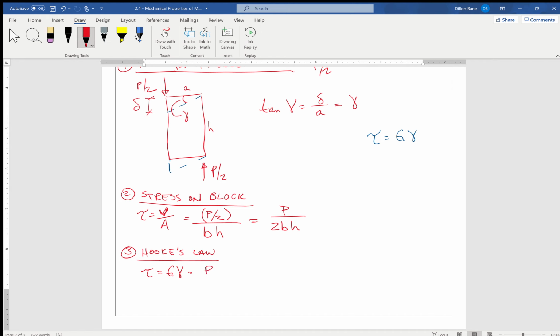Tau equals P over 2BH times G, and then gamma we found out was delta over A. And if we have this equation, we've got an equation in terms of delta, in terms of all of our other known variables, P, B, H, G, and A. So just rearrange this equation then, and we get that delta is equal to PA over 2GBH. And that is our answer. That's what we're looking for.